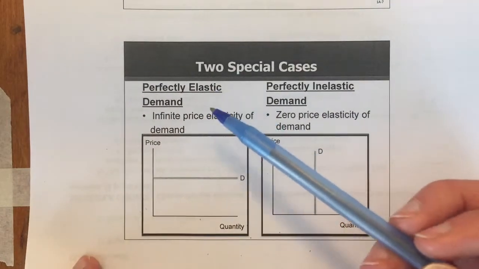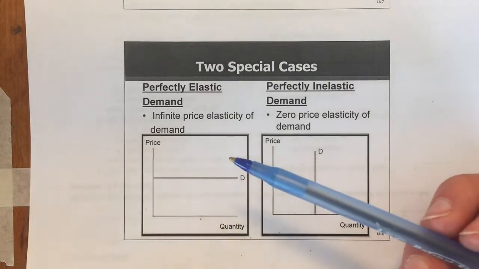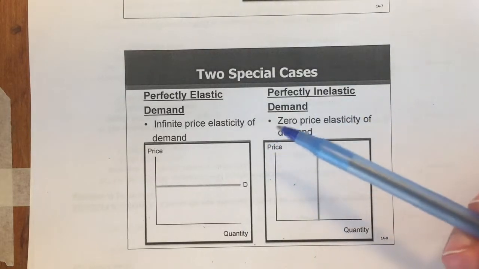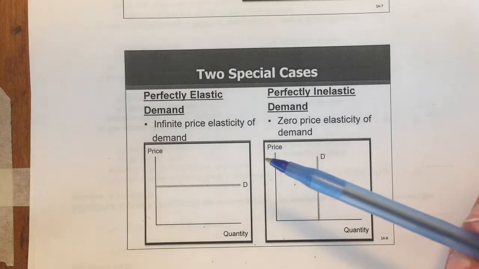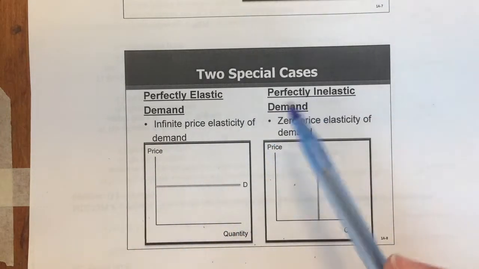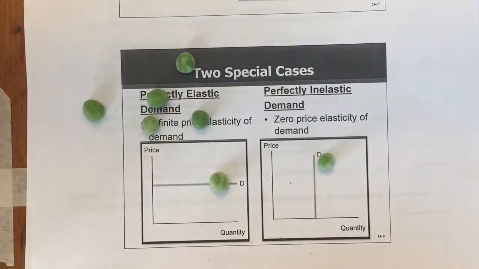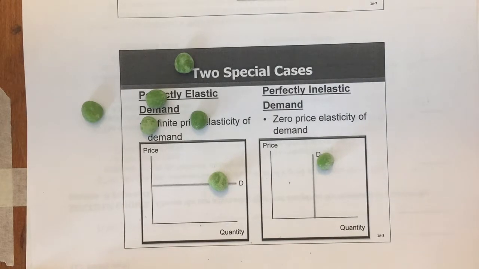For a good with a price elasticity of demand that's infinite, there are lots and lots of substitutes for it, where if you change the price even by a penny, people will completely stop purchasing that good. We talked about peas having a higher elasticity because there are substitutes of other frozen vegetables, and if one seller changes the price, peas are peas.